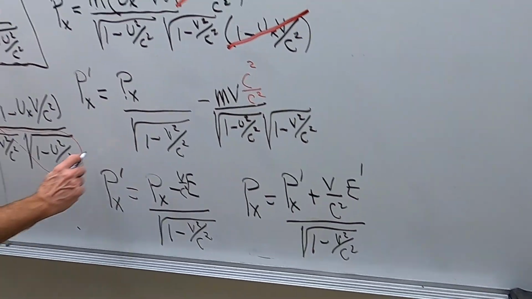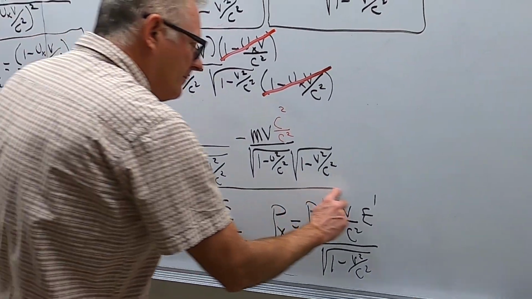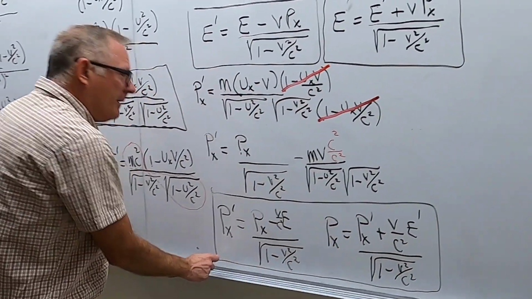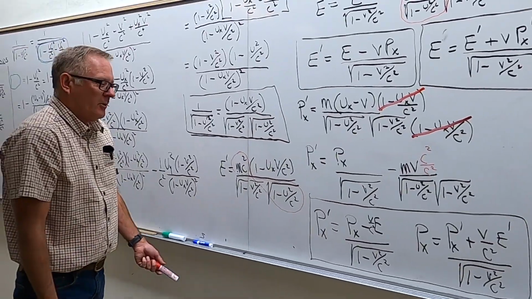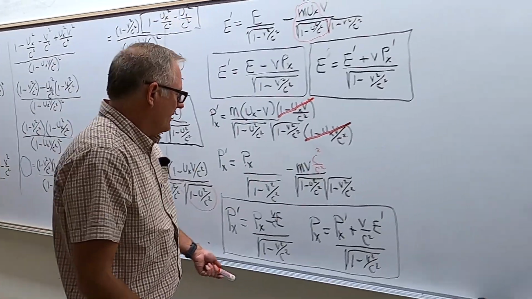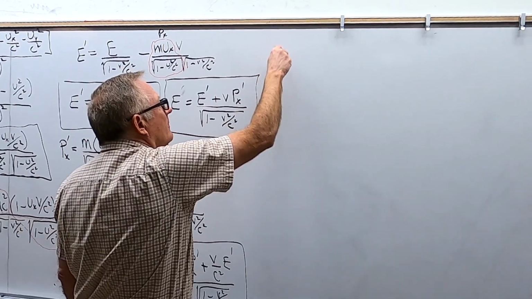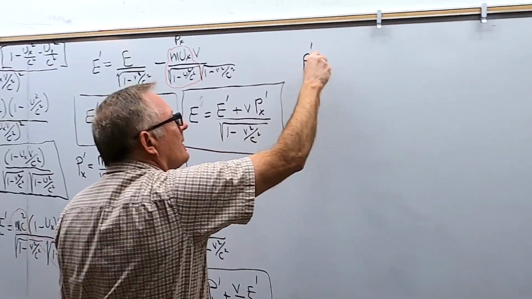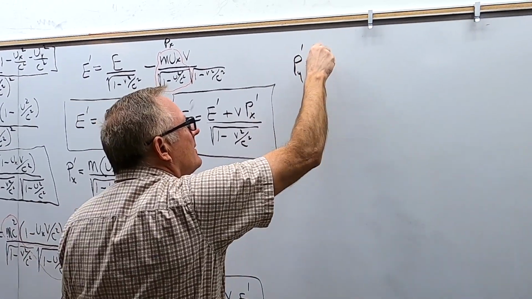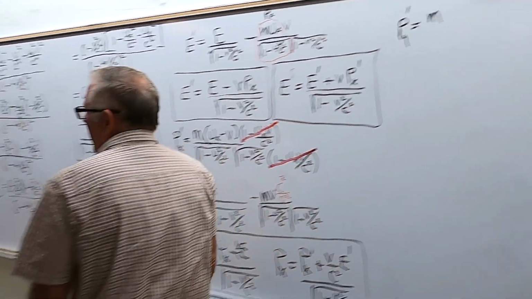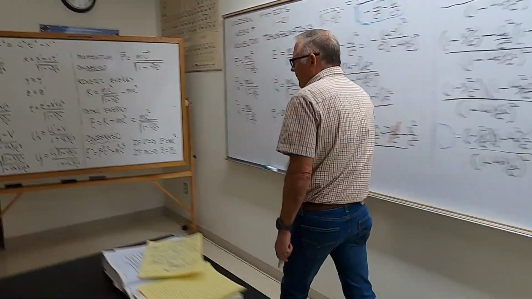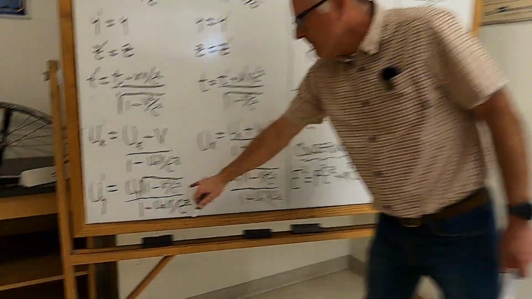Okay, so there is your px. Sorry, px is both ways. We haven't done the py. That's the last one we need to do. So let's look at py prime. That's m uy prime. Uy prime is right here.